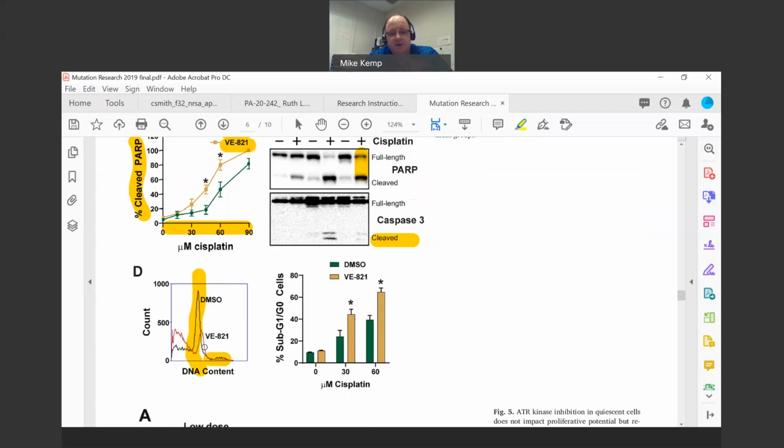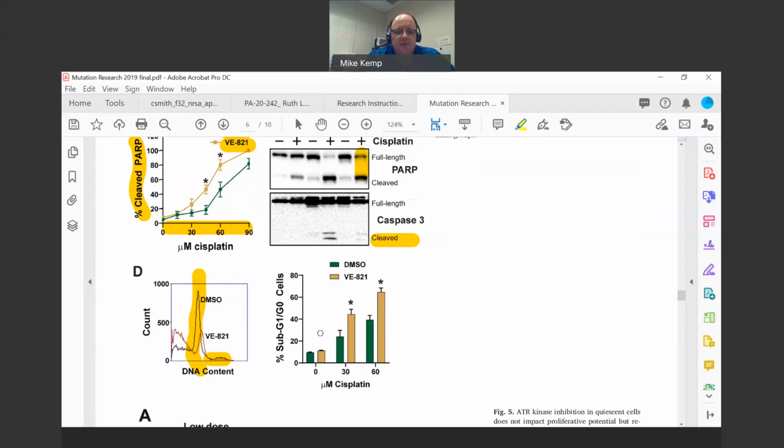But if cells are undergoing cell death, their DNA gets degraded. And so we could look at what we refer to as a sub-G1 population, where the DNA content is less than what would be found in a diploid cell that hasn't undergone replication. And so we can see when we treat cells with cisplatin, and particularly in the presence of the ATR inhibitor, we see more of this sub-G1 population of cells.